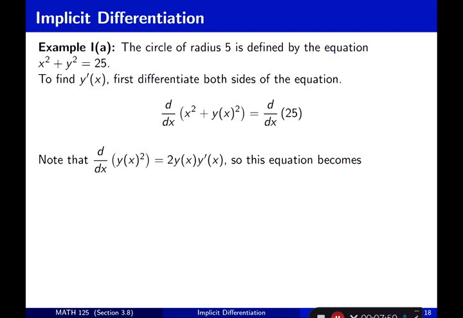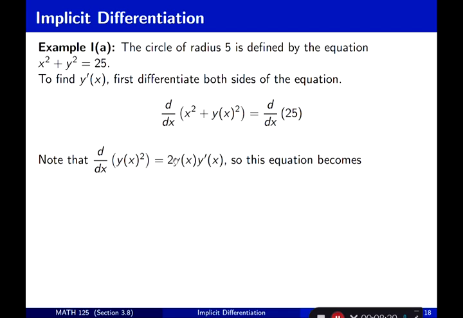The generalized power rule says the derivative of some function to a power, with respect to the input variable, is going to be the power times the function unchanged to a power 1 less, and then times the derivative of the function, and that's what you're getting.